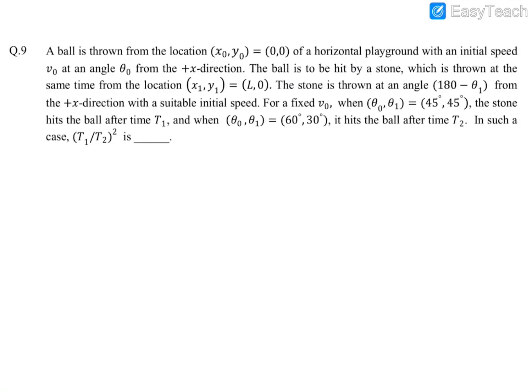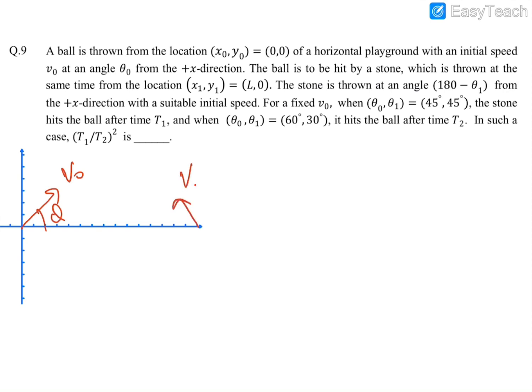In this question you can see that there is a ball. Let us draw the scenario. So this is the scenario. There is a ball which is thrown like that with a speed of v0 at an angle theta naught, and there is a stone which is thrown like that with the speed v0 at an angle of theta 1.